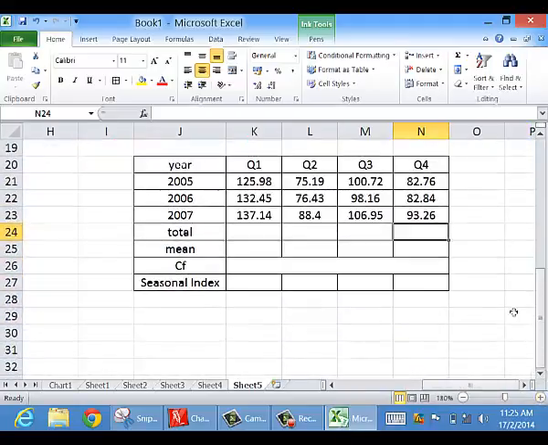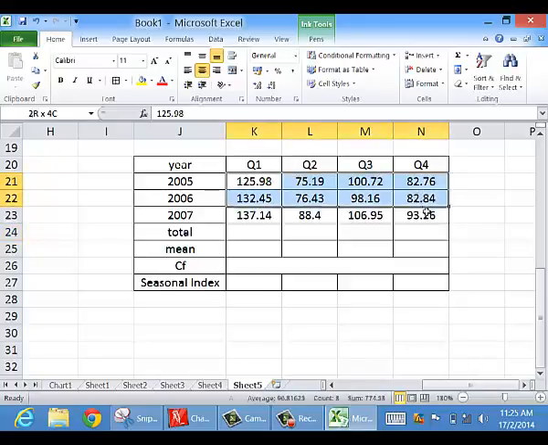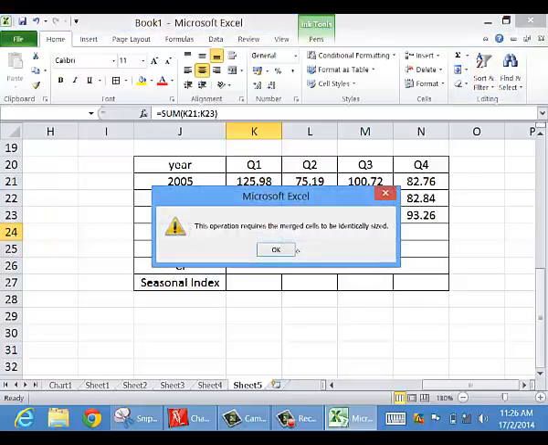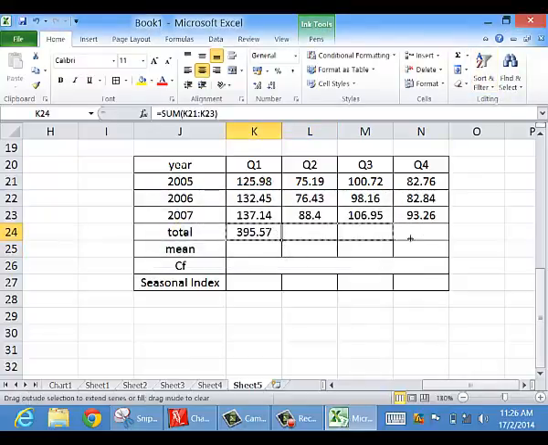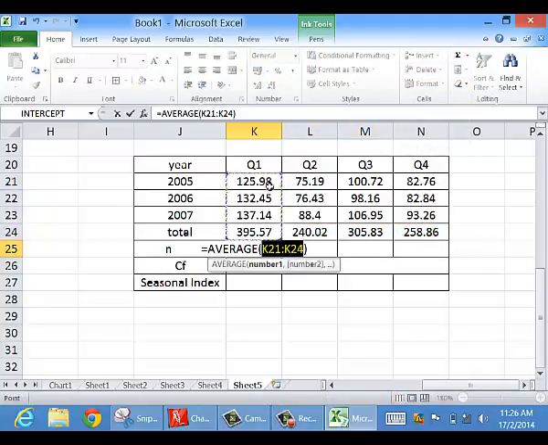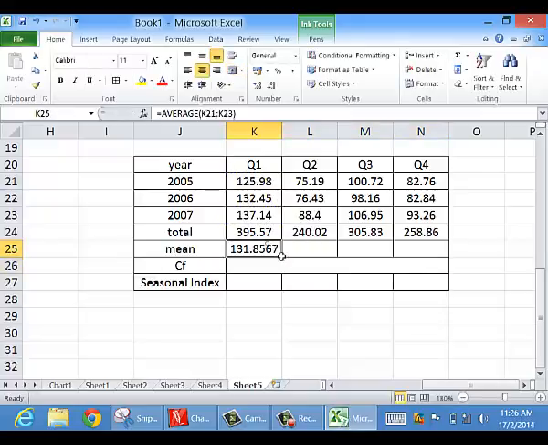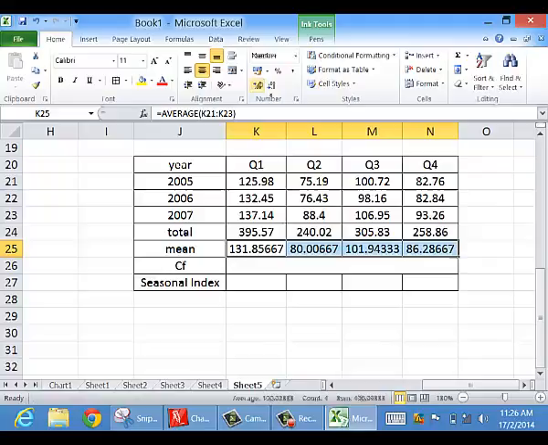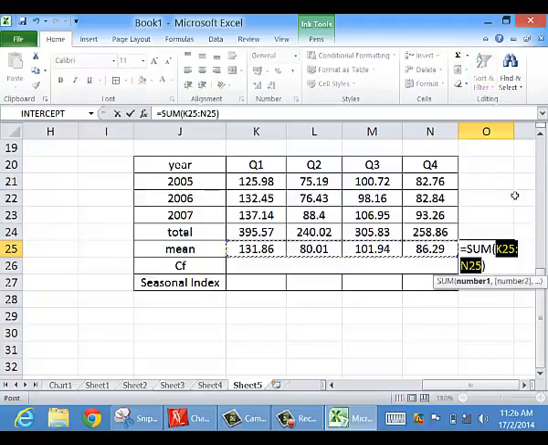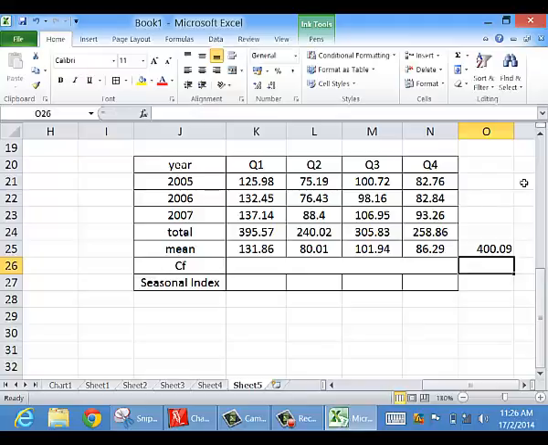right? Now you notice dekat sini untuk trend, semua time period ada value, right? Now you calculate total. Now this one, sum total mean should be 400.09.